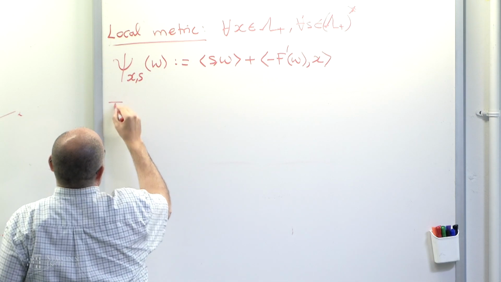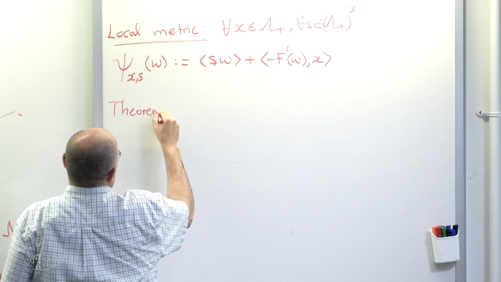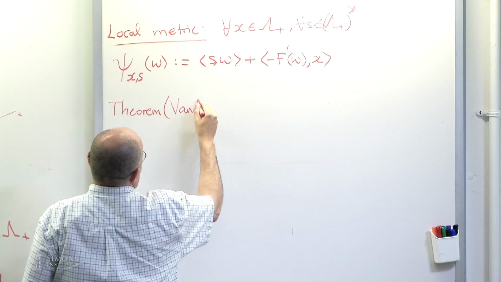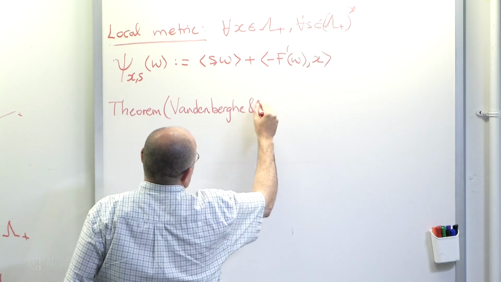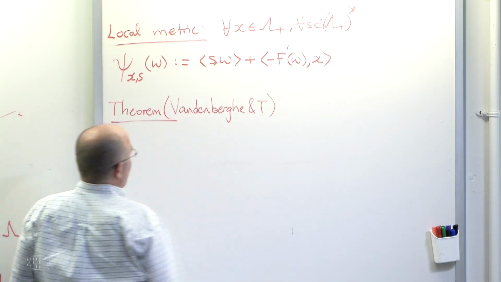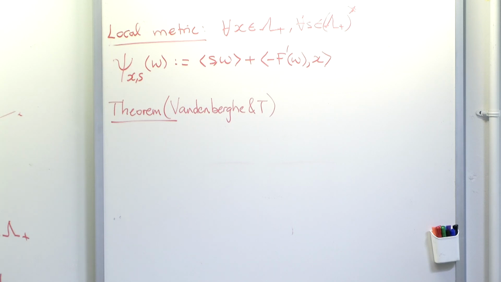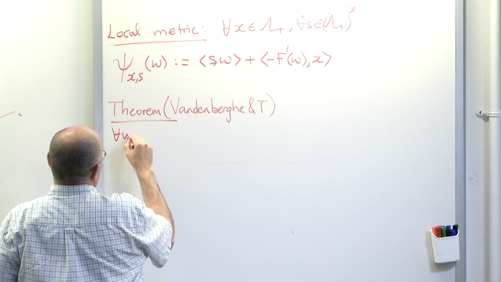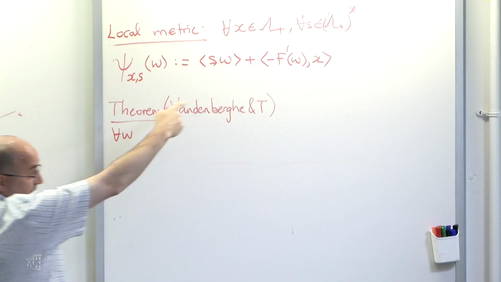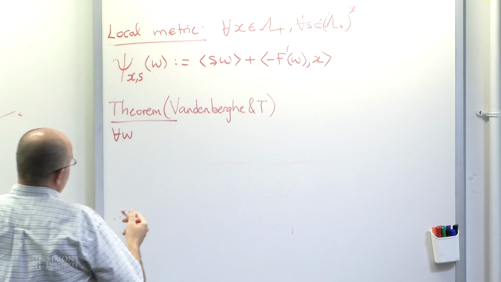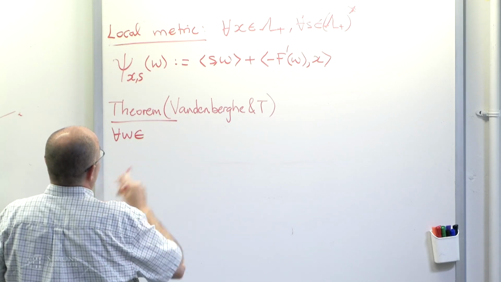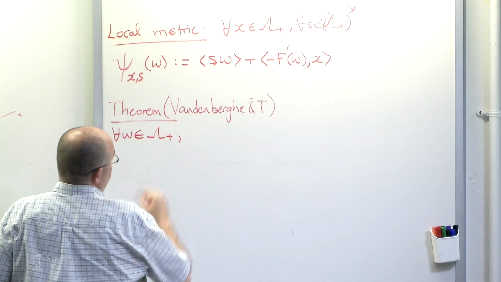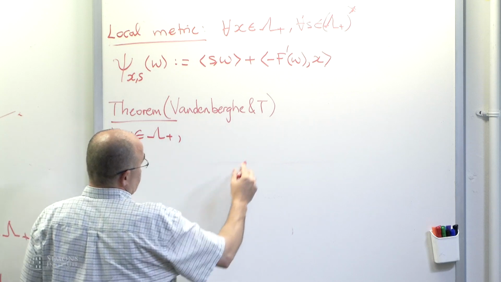So for instance, let me just give you a theorem to give you a taste of what you can prove about this result. So you fix x and s like this, and for all w in the interior of the hyperbolic cone, we have the following results.